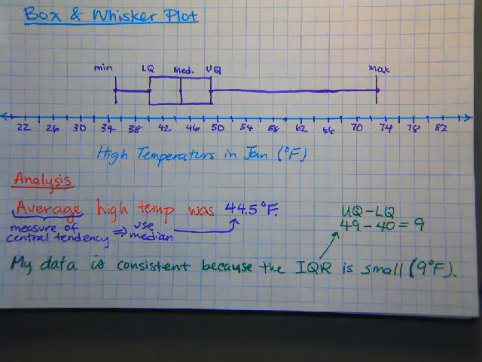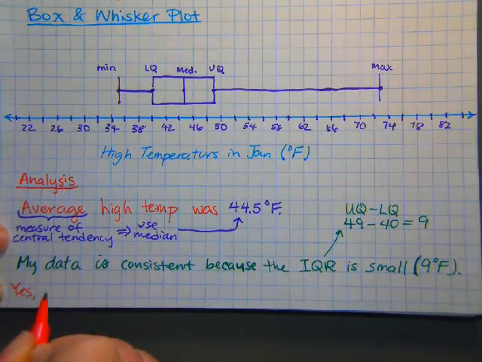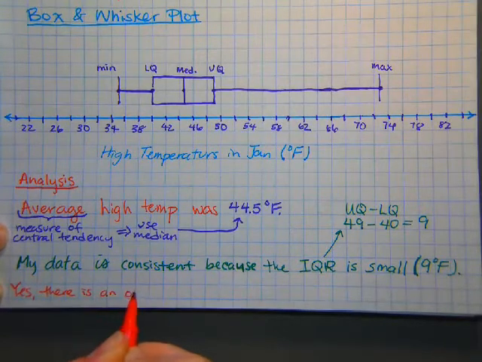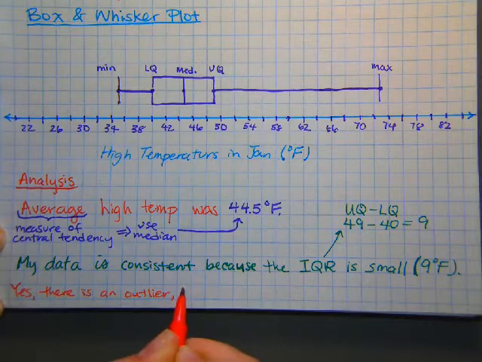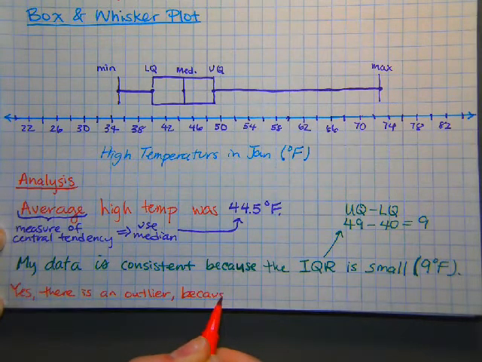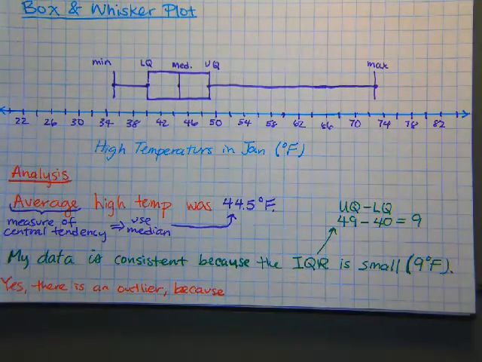And as I've been pointing out this whole time, yes, there is an outlier. And the reason I know is the boxes are actually pretty consistent in size and how far they're spread out from left to right.